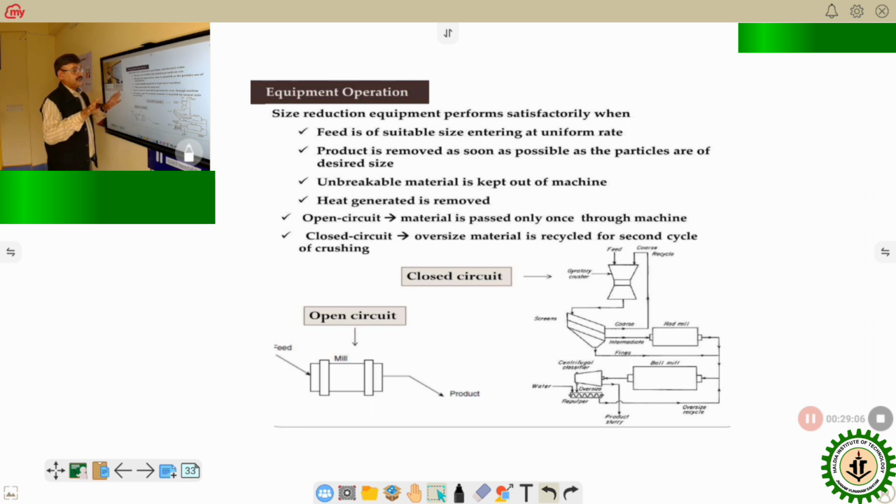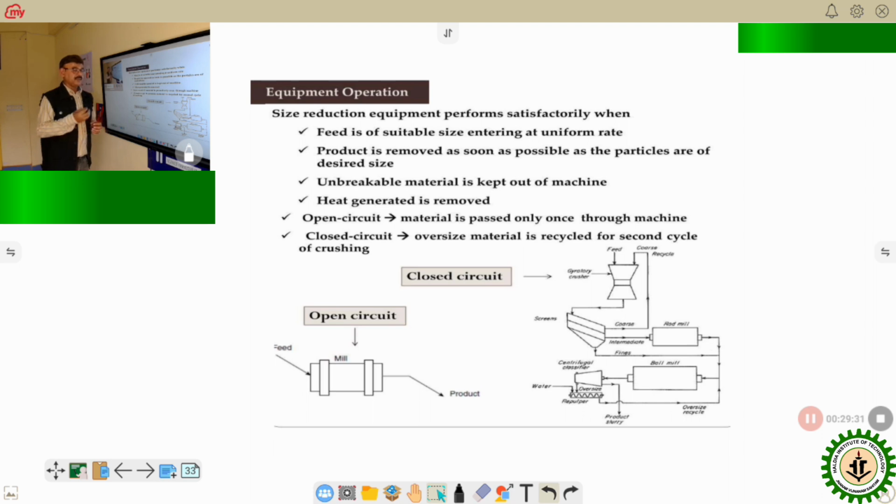Whatever the operation is, it may be operated in either closed circuit operation or open circuit operation. Open circuit operation means the mill is there, feed is given, and product comes out. But in the product, you cannot ensure that 100% will be at your desired level. Some oversized material will be there, some undersized material will be there.